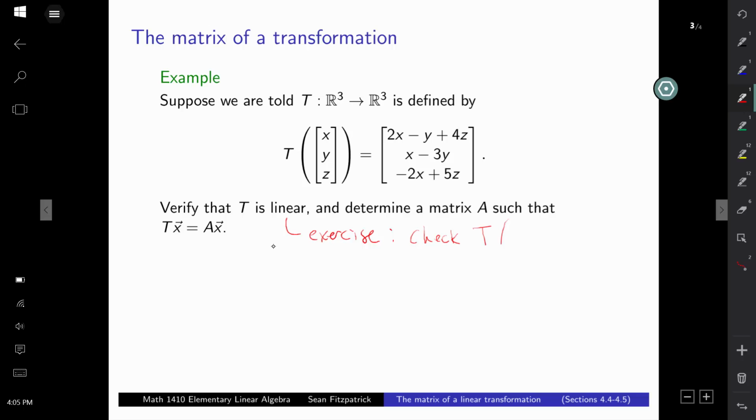So you'd want to check that, for example, T of x1 plus x2, y1 plus y2, z1 plus z2, right?